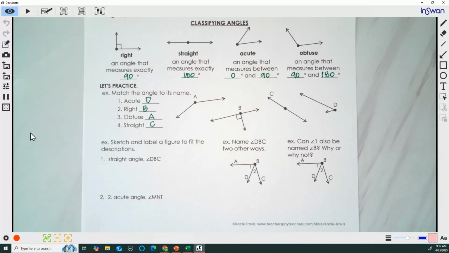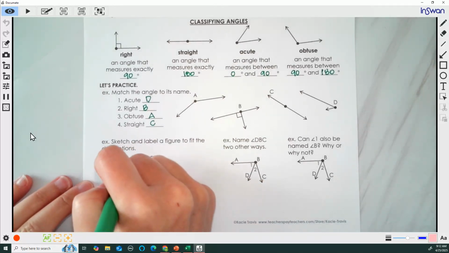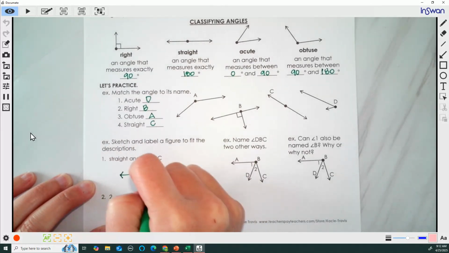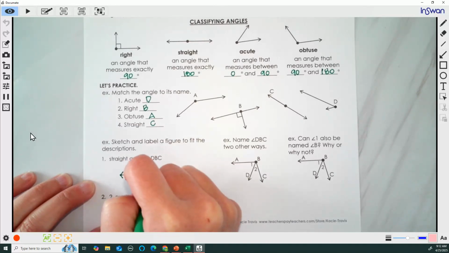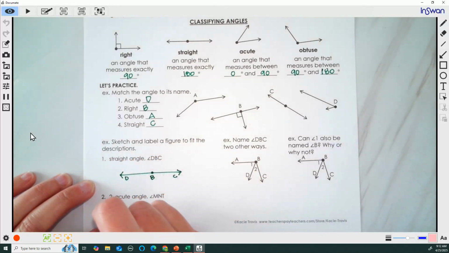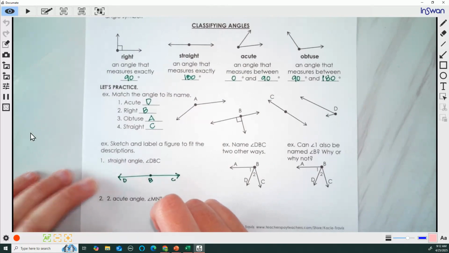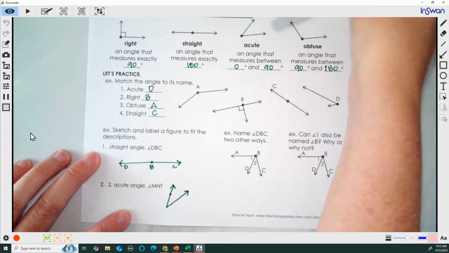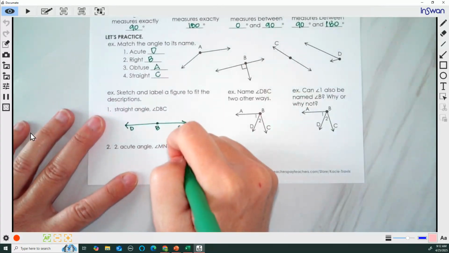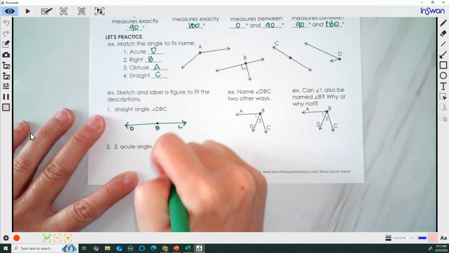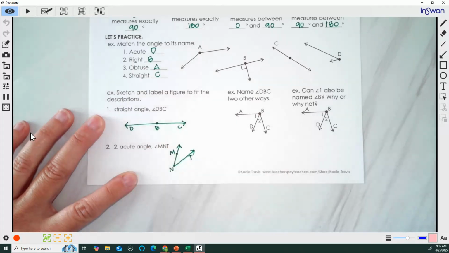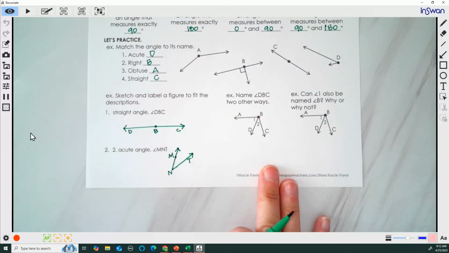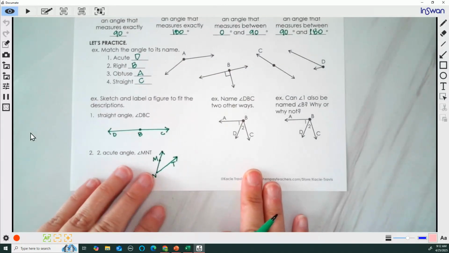Go ahead and do both of those, and then I'll come back and give you an example of what those could look like. Yours may not look exactly like mine, but should be something similar. It has the properties correct.